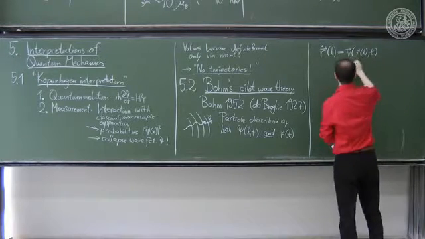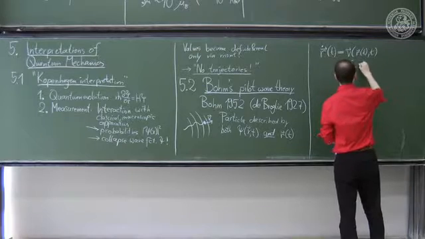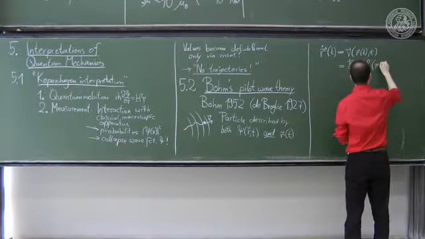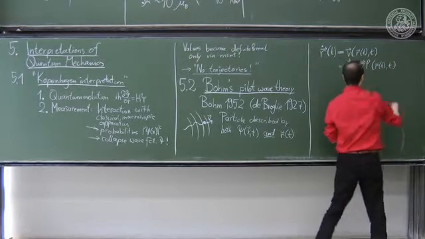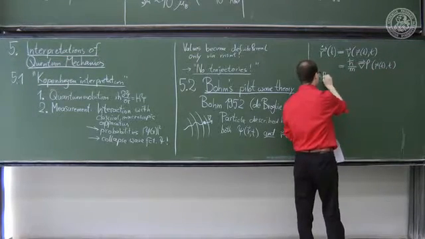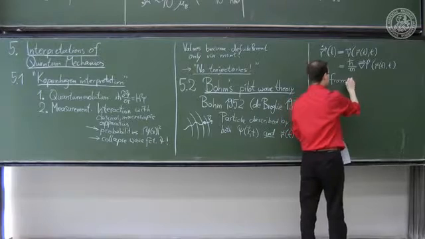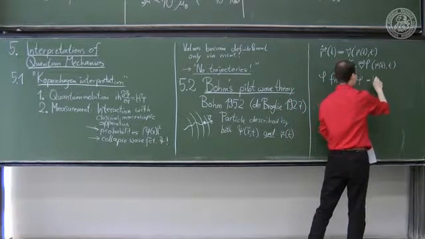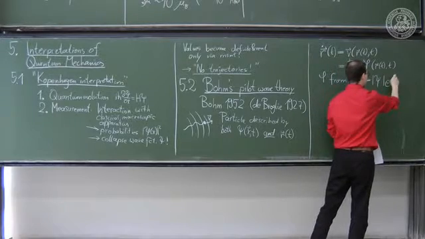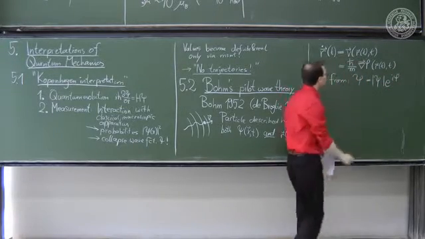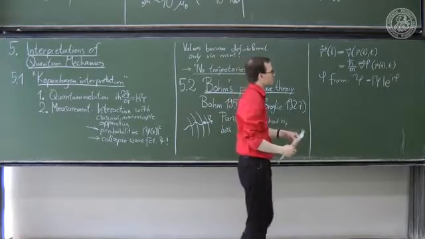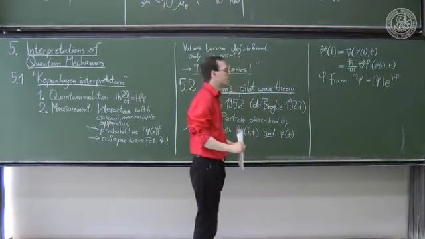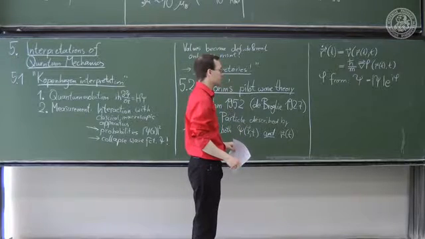So it happens to be h bar over m times the gradient of the phase evaluated at this position. And so the phase is simply taken from the wave function. So psi at any point you would write as the modulus of psi times e to the i phi. So that is the important guiding equation of Bohm's theory.